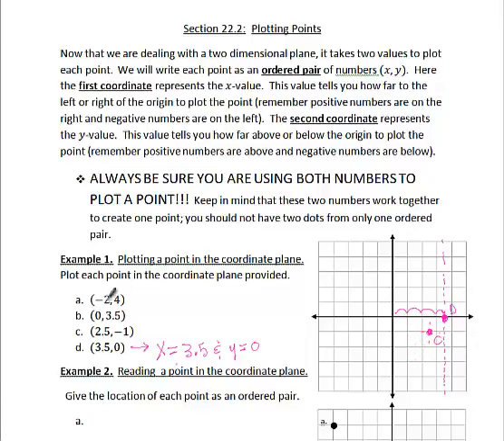And so by plotting all of these points, we've learned two other things about the x and y axis. We've learned that all points along the x-axis have the y coordinate of y equals 0.